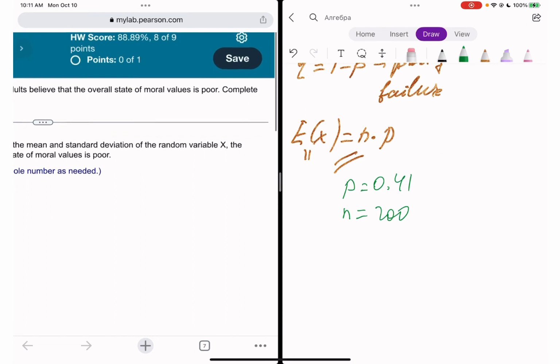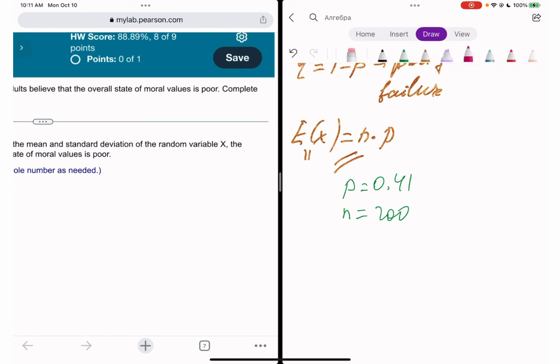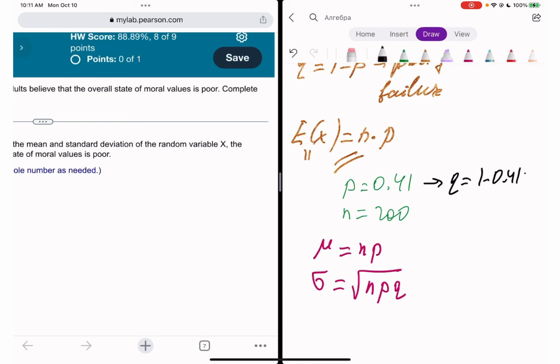Okay, here's the thing. Mean is equal to n times p. Standard deviation is equal to square root of n p q. So let's figure it out. If p is 0.41, then q, probability of failure, is going to be equal to 1 minus 0.41, which is going to be 0.59.